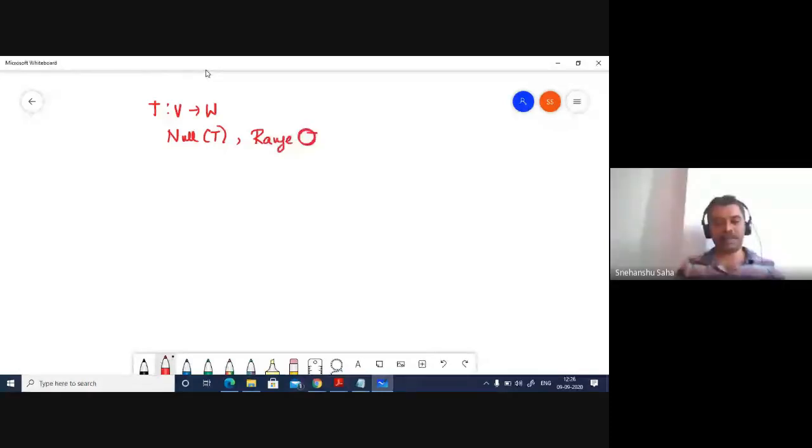T is nothing but a linear transformation, right? And T satisfies the property that T of alpha u plus beta v equals alpha T of u plus beta T of v, where the u's and v's are taken from a vector space and alpha and beta are scalars.